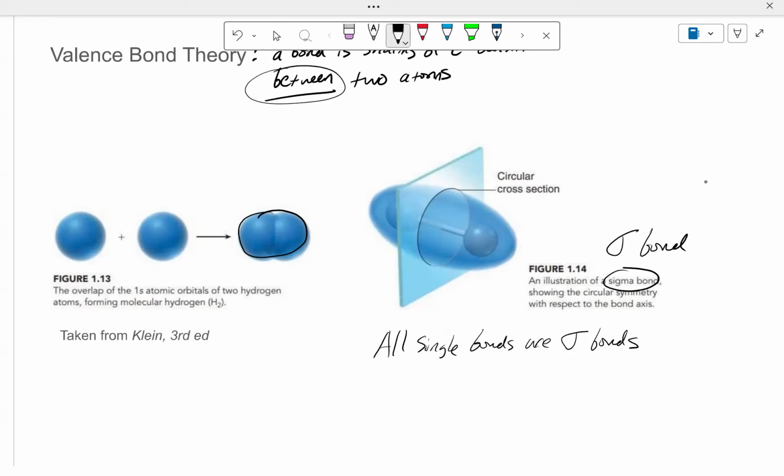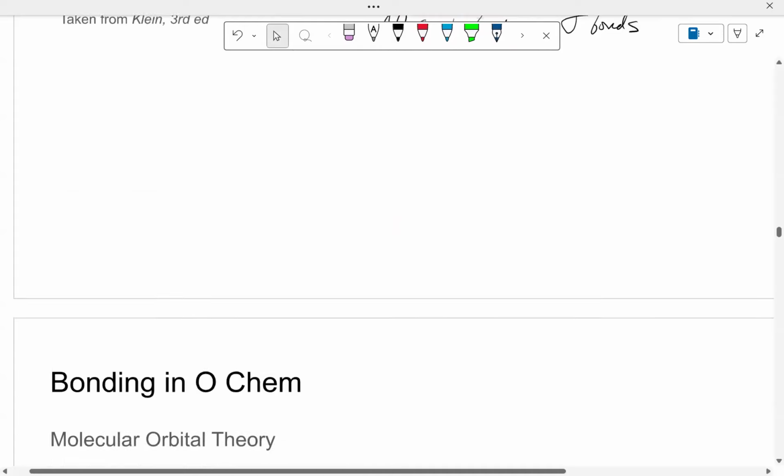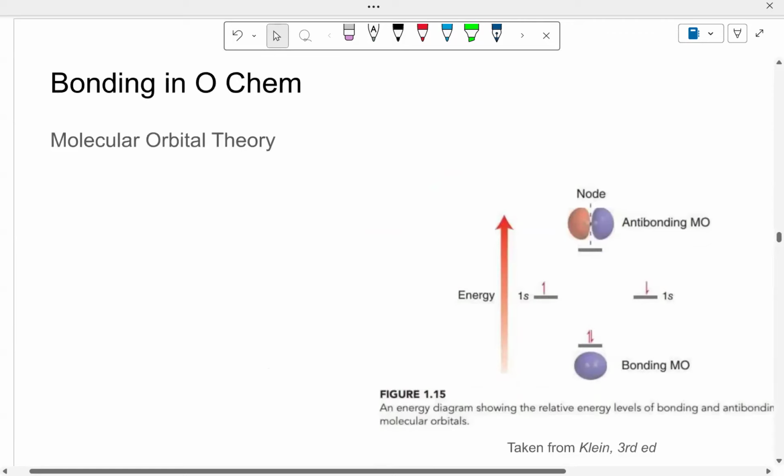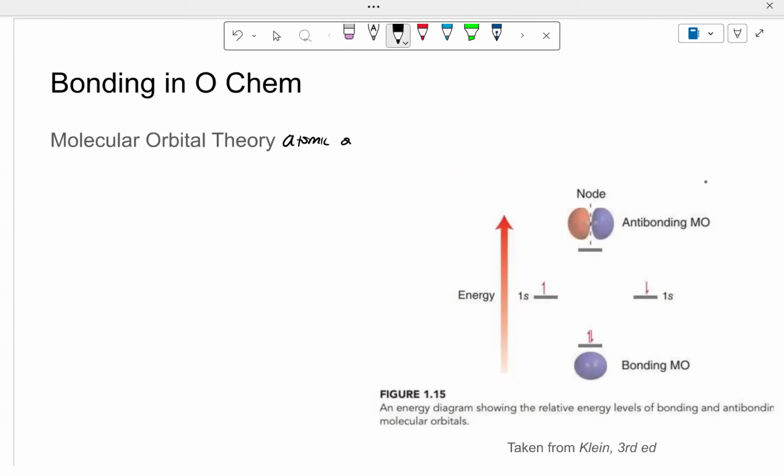Now let's contrast that with the other prevalent bonding theory that we use to describe how atoms bond in organic chemistry, which is molecular orbital theory. Molecular orbital theory takes atomic orbitals, and they are mathematically combined to make molecular orbitals.